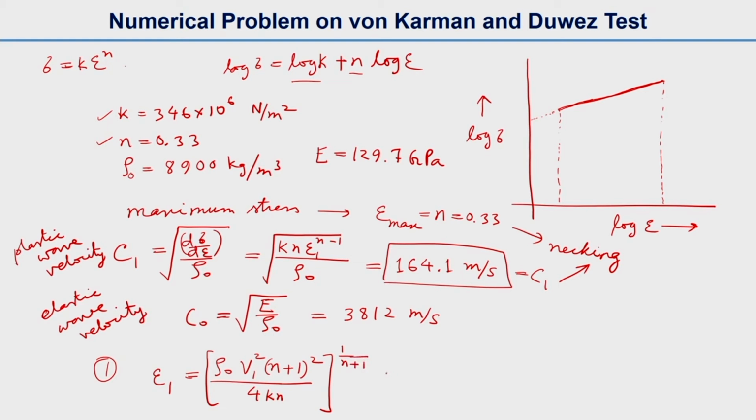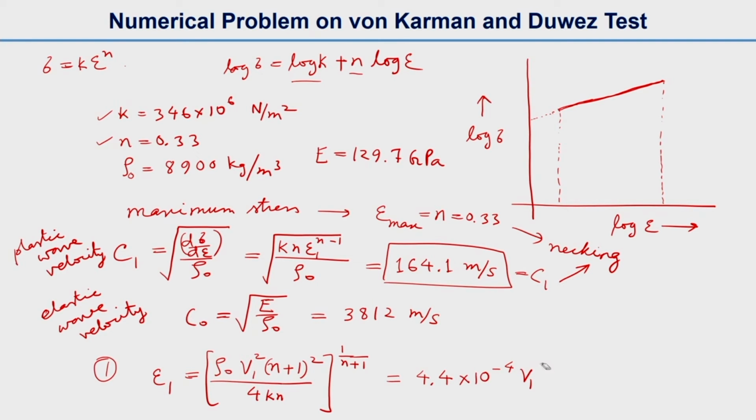Here we know the density, we know n, which is 0.33, we know k, and so we need to get the maximum strain in terms of V1, the impact velocity. I am not writing all the steps, but it will be 4.4 times 10 to the power minus 4 V1 squared.